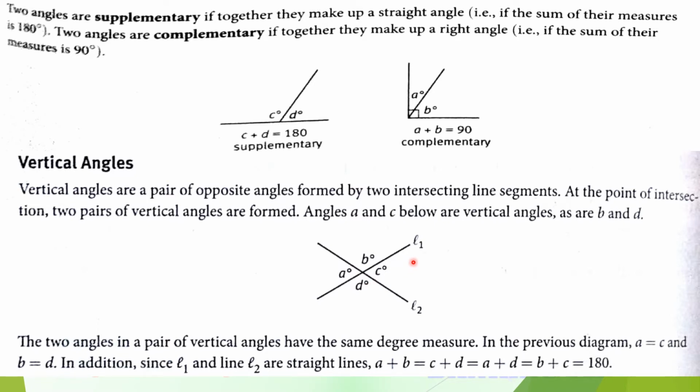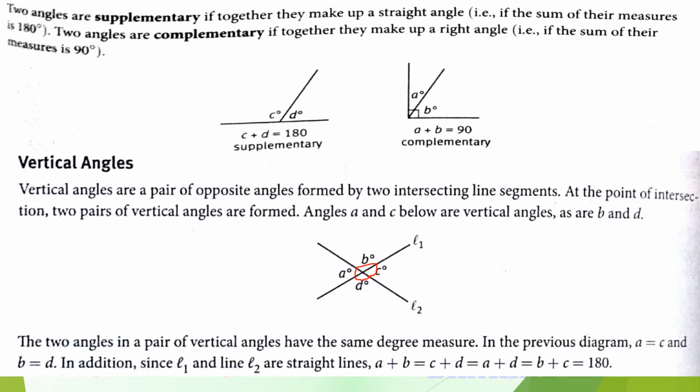So here you can also say that A plus B is equal to C plus D. Or you can also consider this angle: B plus C is 180 degrees, and A plus D is also 180 degrees.